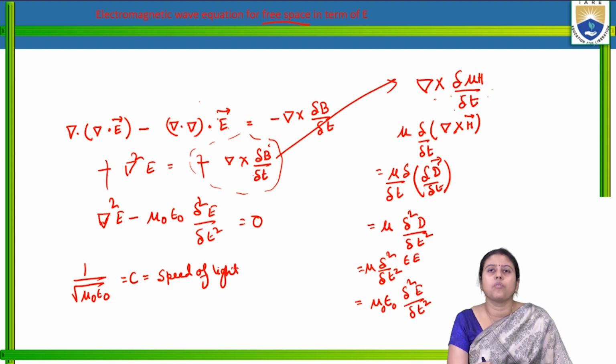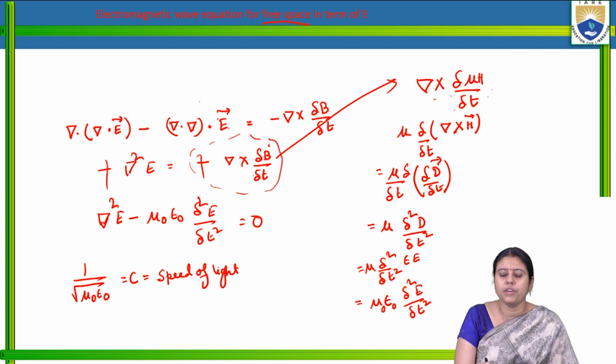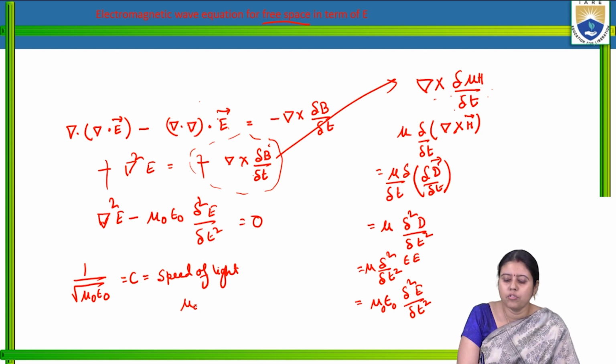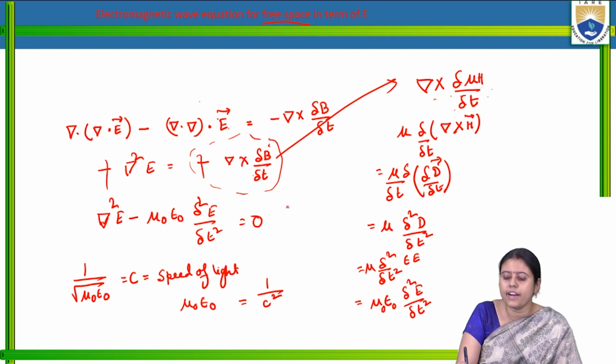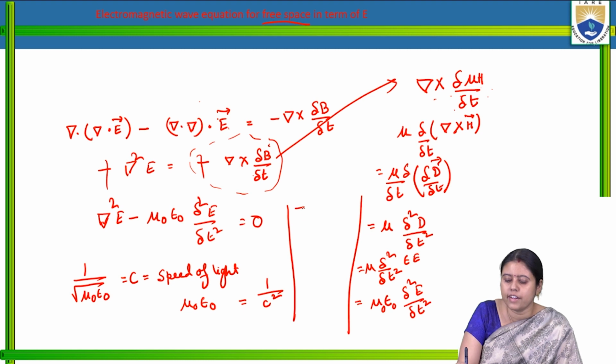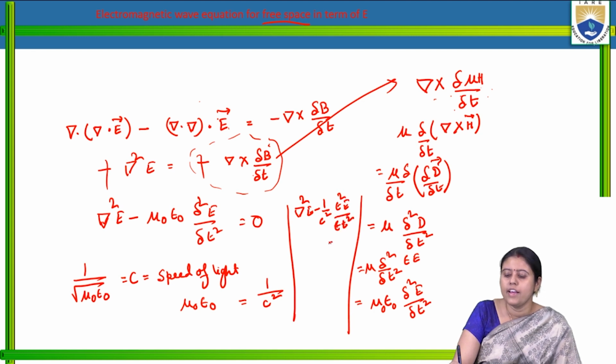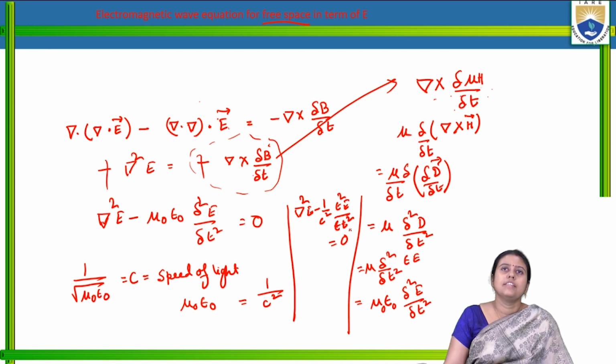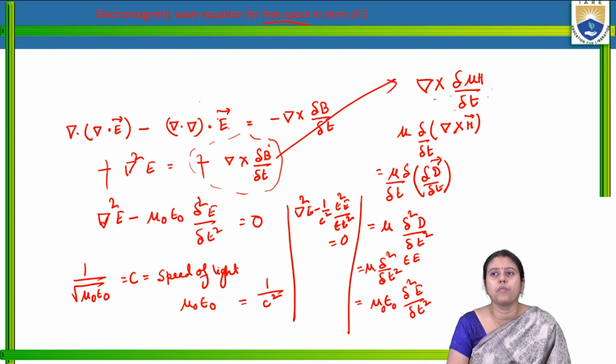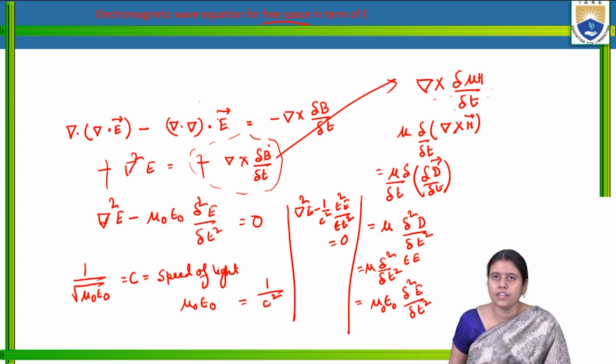So mu naught epsilon naught is nothing but 1 by C square. We can rewrite the equation as grad square E minus 1 by C square del square E by del T square is equal to 0. This is the electromagnetic wave equation in terms of E.